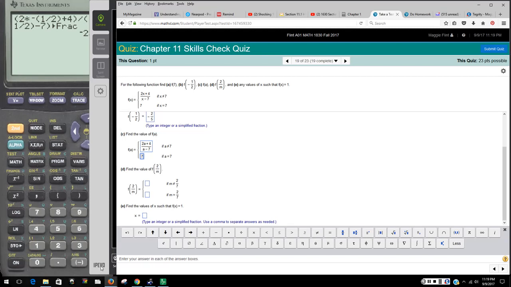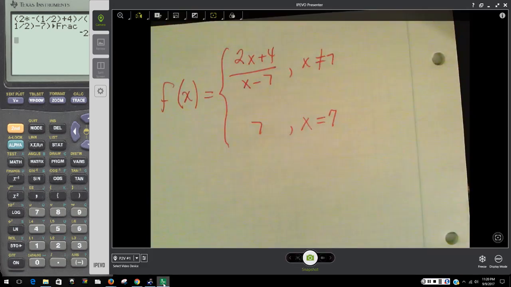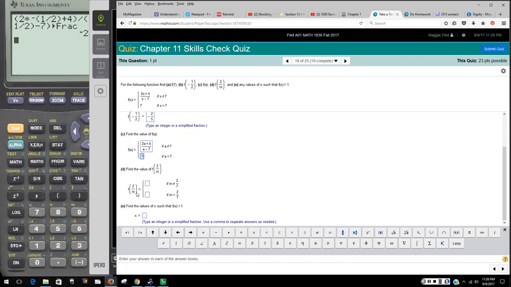So our function. So we're going to replace x with two over m.